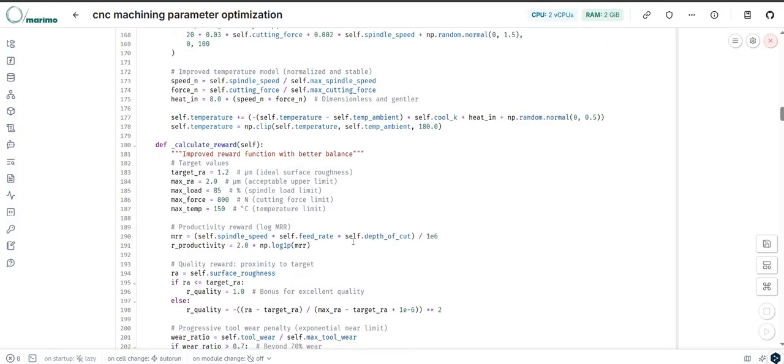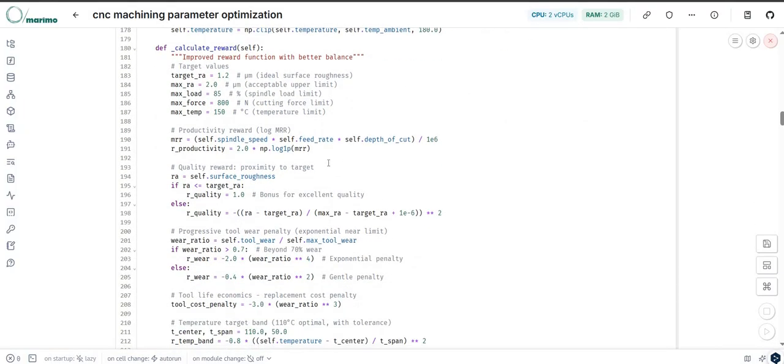This is where we define how good or bad a particular machining step is. So what are we doing here? We are translating the physical results, things like material removal rate, surface roughness, tool wear, and temperature, into a single numerical score that the reinforcement learning agent can use to improve its decisions. Without this, the agent would not know whether its actions are helping or hurting the machining process.